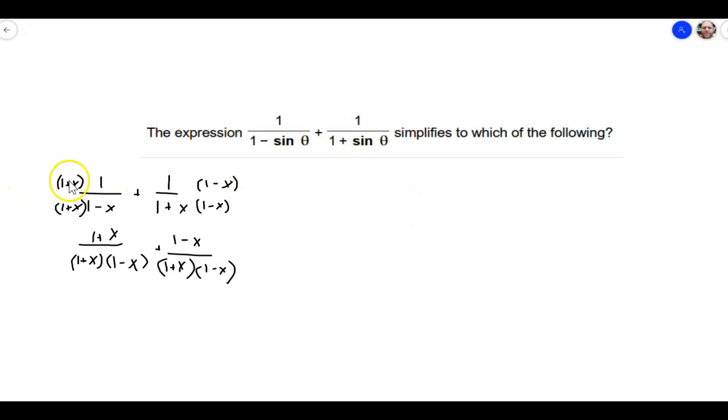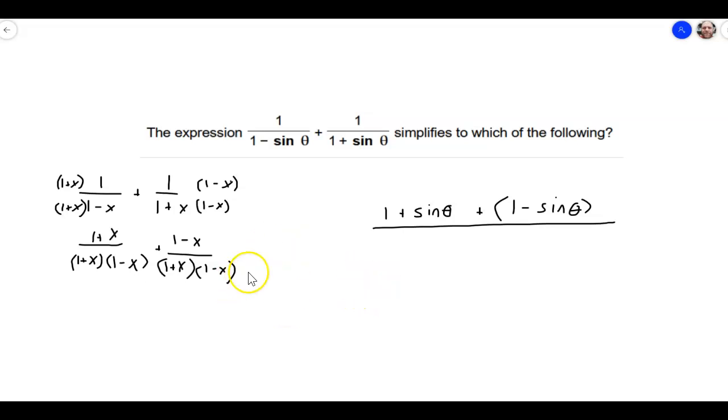On the top, we're going to get 1 plus x plus 1 minus x, so we're going to get 1 plus the sine of theta, plus 1 minus the sine of theta, all over a common denominator.